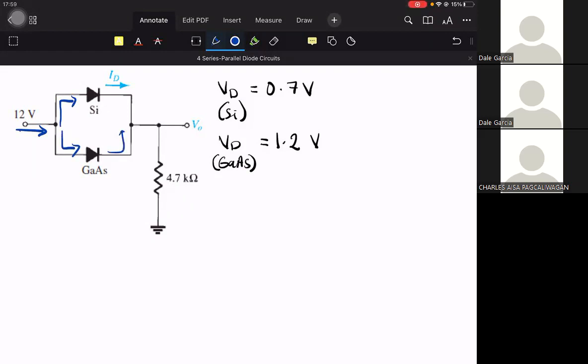And mag-meet na sila aning node, balik lang sa ground. So okay lang nga i-assume nga ang direction sa atong current sa diode is that way, coincide sa direction sa source. But what about ang voltages?